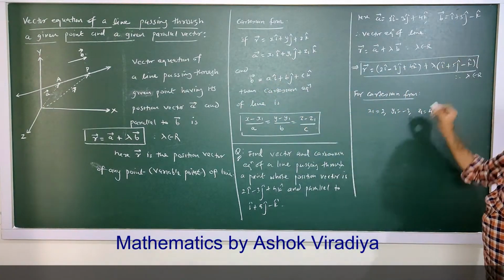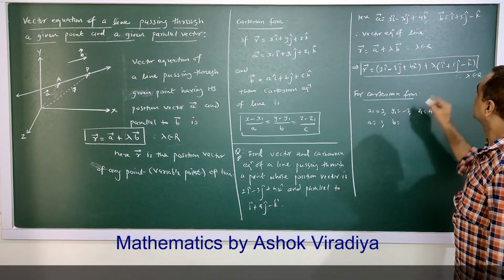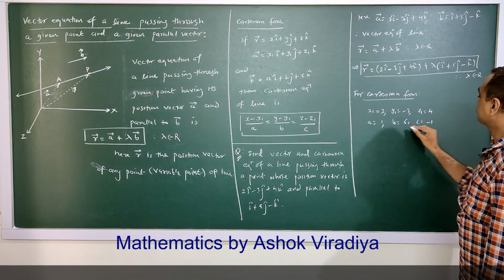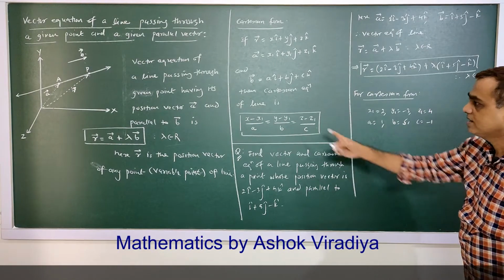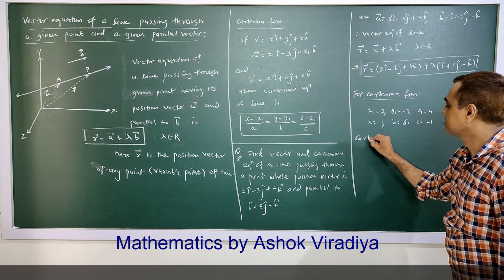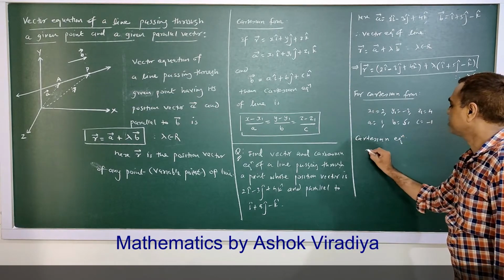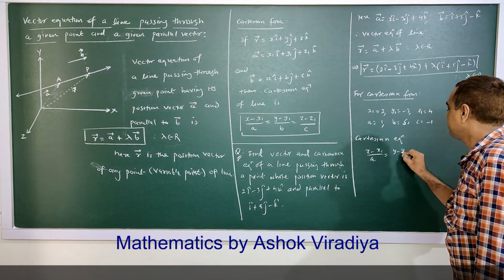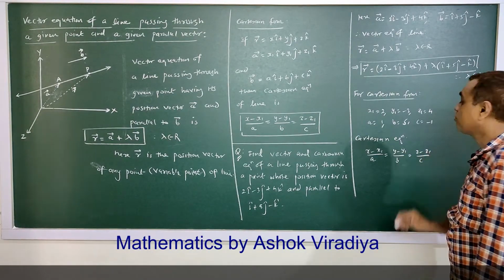So here a is 1, b is 5, c is minus 1. So putting in this formula, the Cartesian equation is (x minus x1) upon a, (y minus y1) upon b, (z minus z1) upon c.